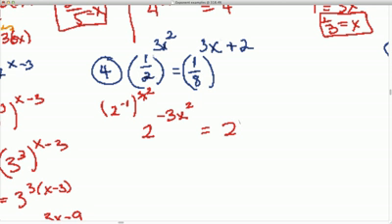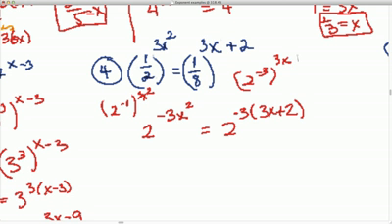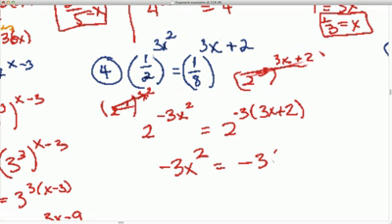And then we have 2 to the negative third times 3x plus 2. And that was because that was 2 to the negative 3 raised to that 3x plus 2. So you multiply them. So this step right here, you can do in your head if you want. That's fine. Like I said, the more you do this, the more second nature it becomes, and you will end up doing more stuff in your head.